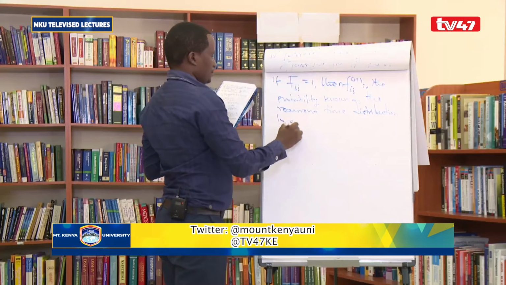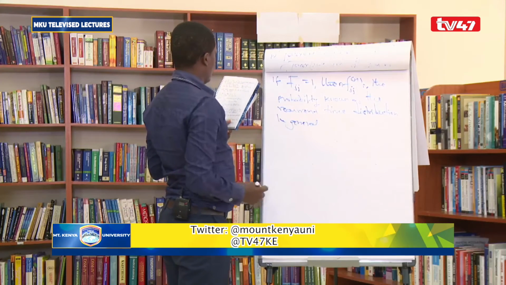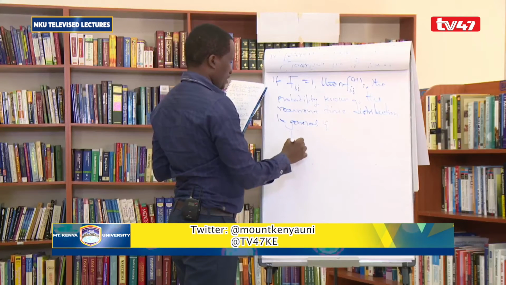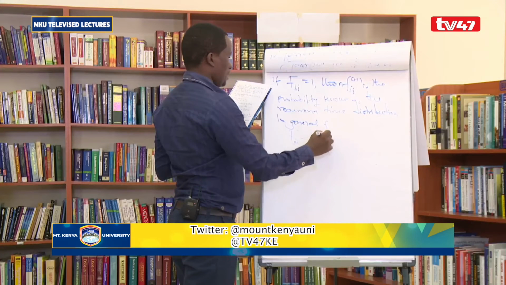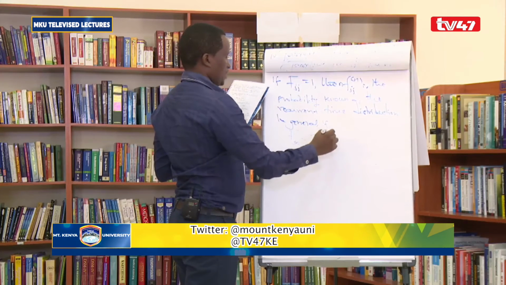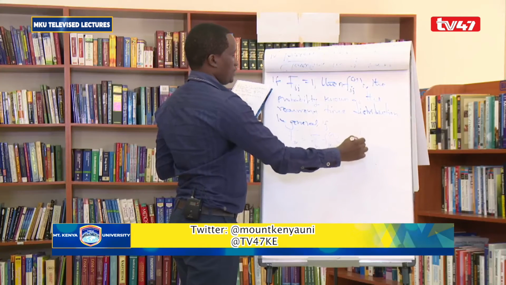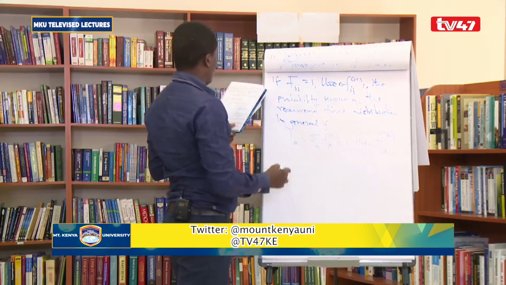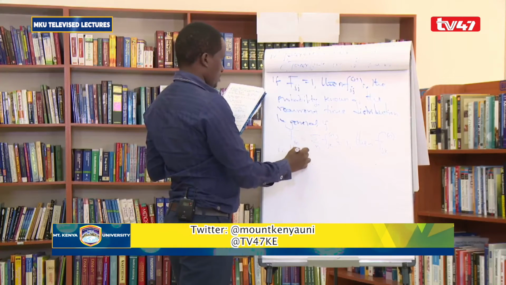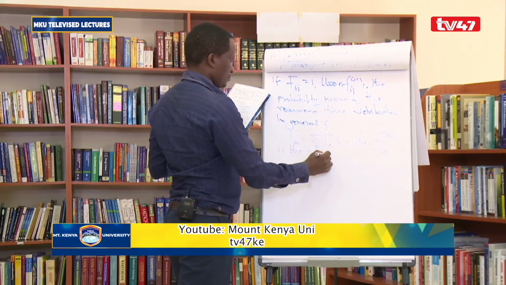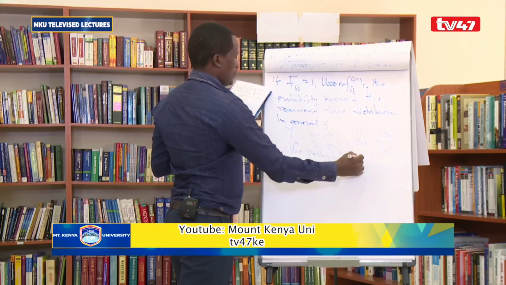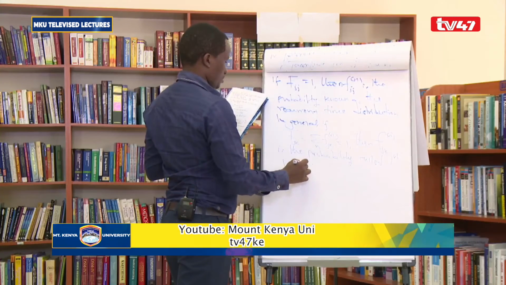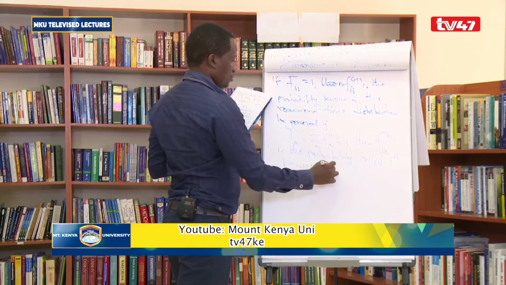In general, if F_jk, which is equal to the summation over n of f_jk^(n), is equal to 1, then f_jk is the probability called the first passage distribution.